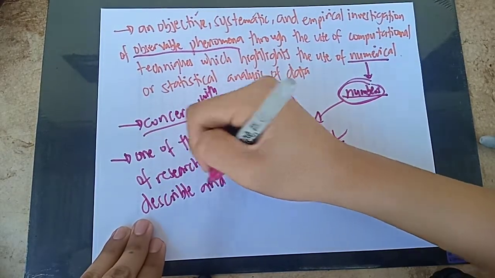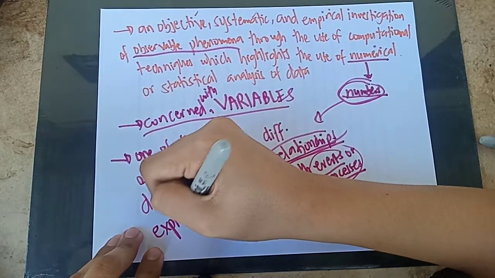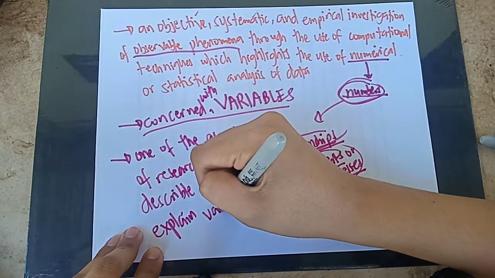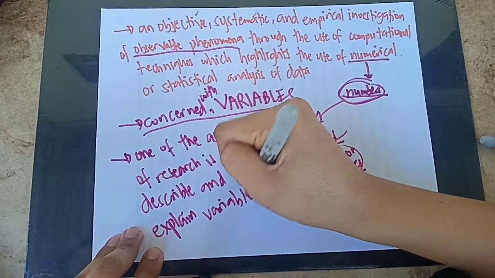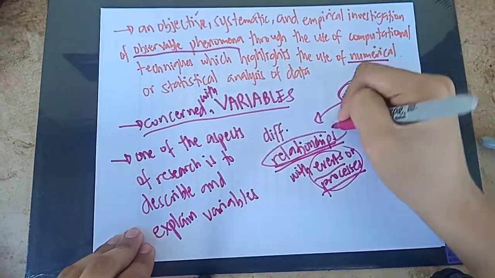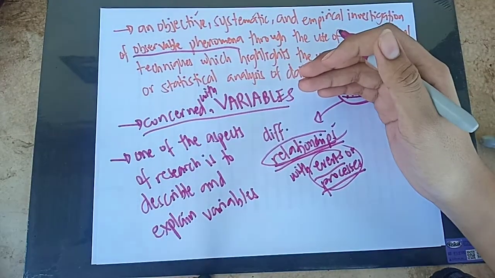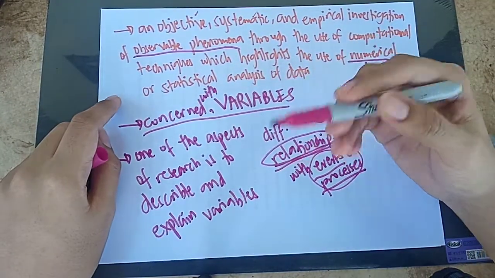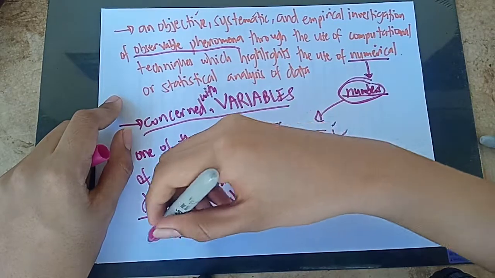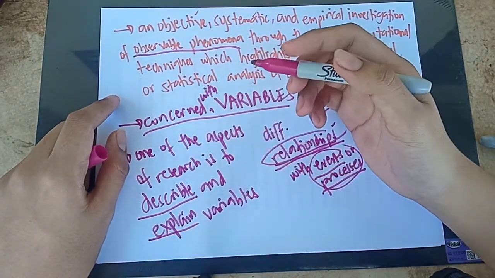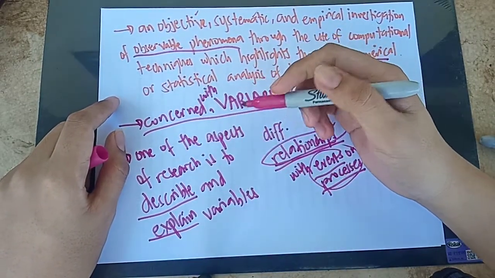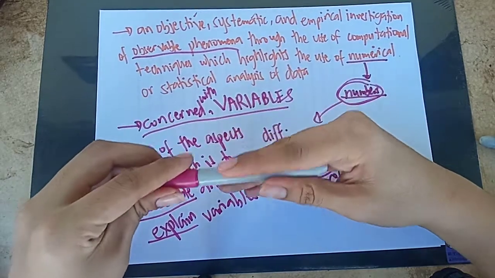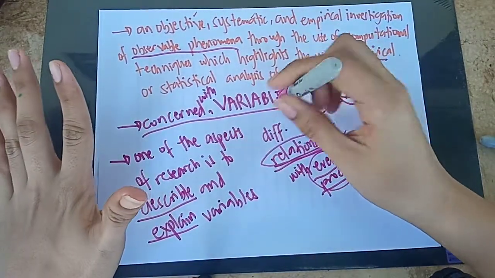Since it makes use of numbers and relationships, it is concerned with variables. Meaning to say, quantitative research aims to describe and explain variables. And that would be the definition of quantitative research.